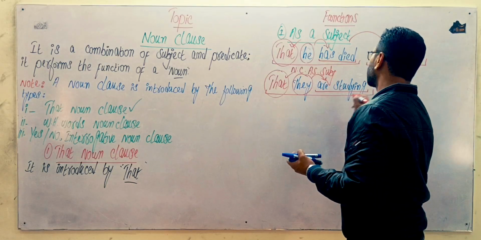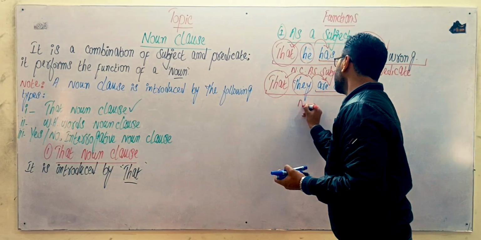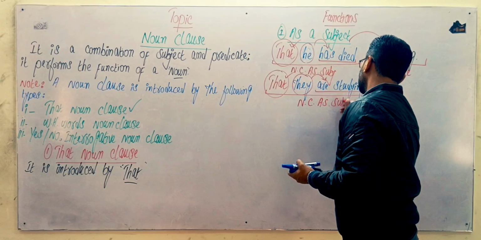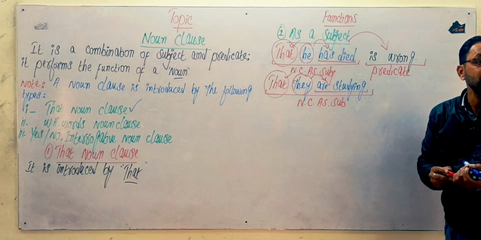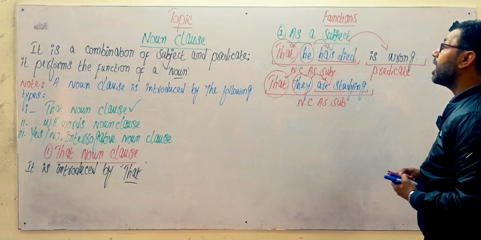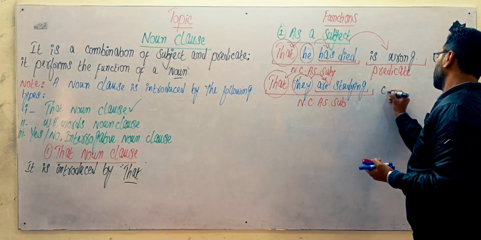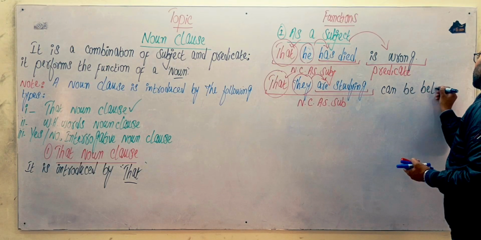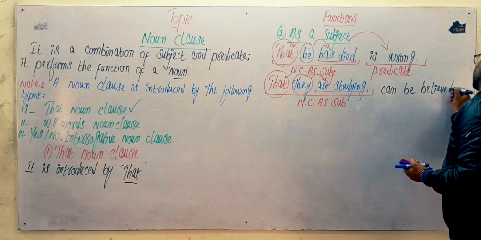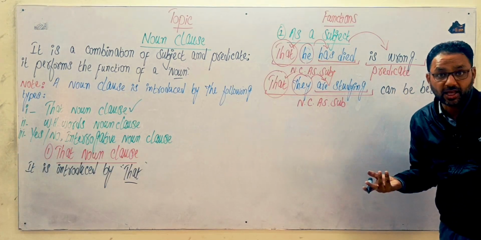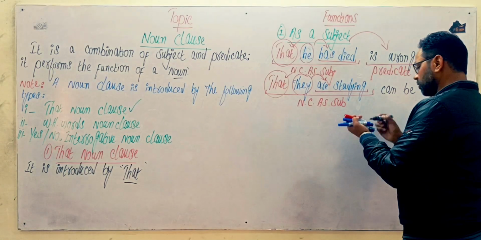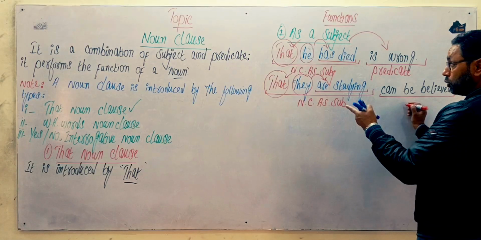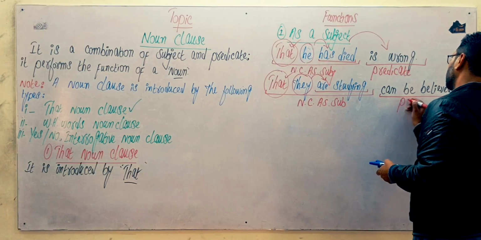This is what you said. The complete unit is working as a noun clause, working as a subject. So what about the predicate? So still it is remaining. I say that they are studying can be believed. कि वो पढ़ रहे हैं यकीन किया जा सकता है. तर्जुमा ये बनता है बेटे. So this complete unit which is lying over here, this is the predicate of this complete unit which is working as a subject.